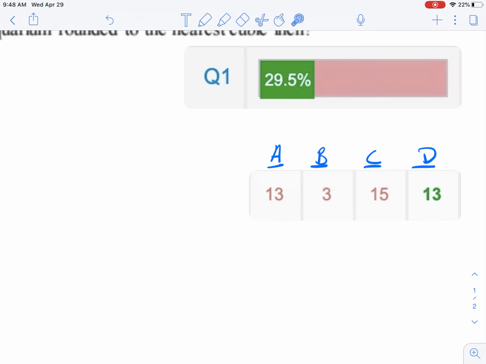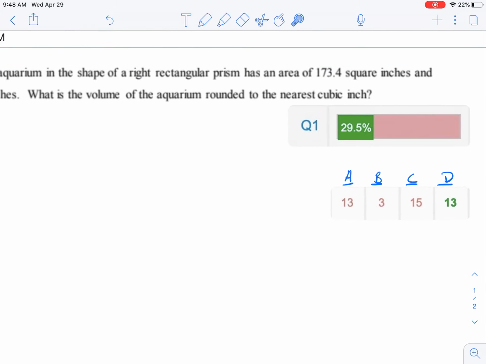So the purpose of today's lesson, the overview of this question, is why is there such a spread across the choices that we're picking? That's our data.